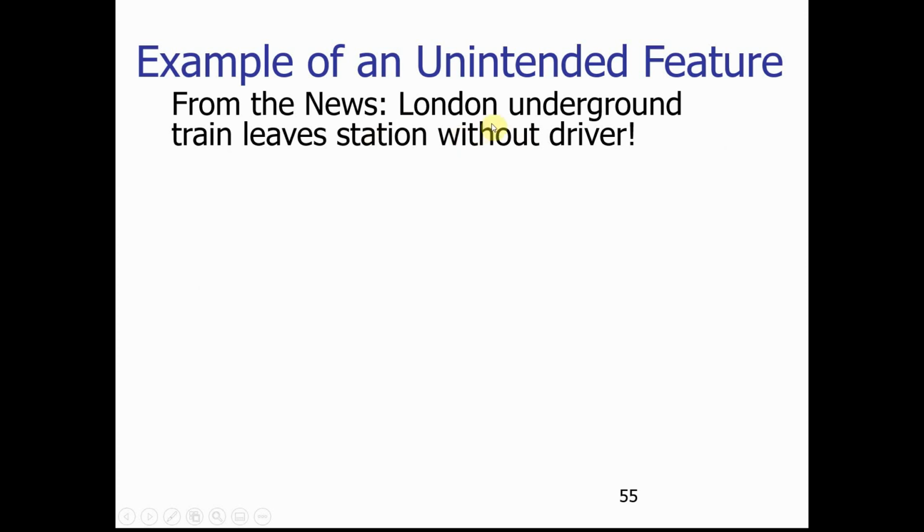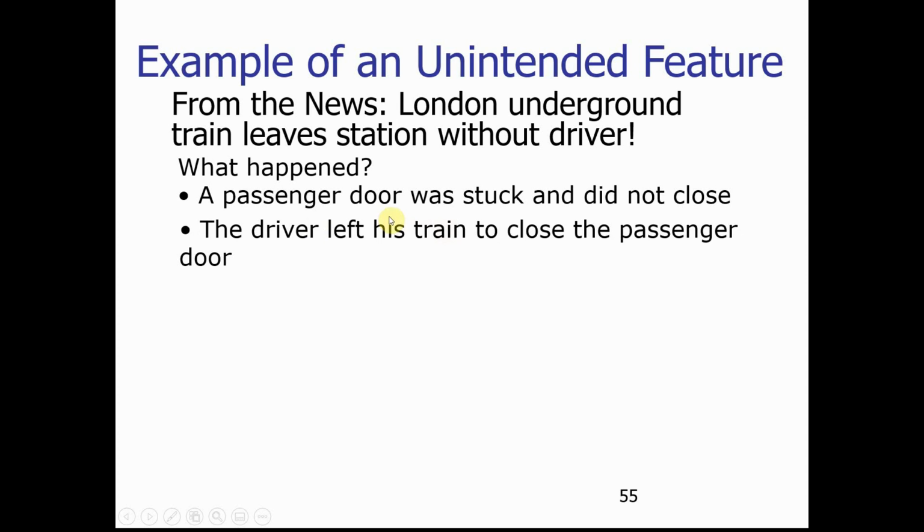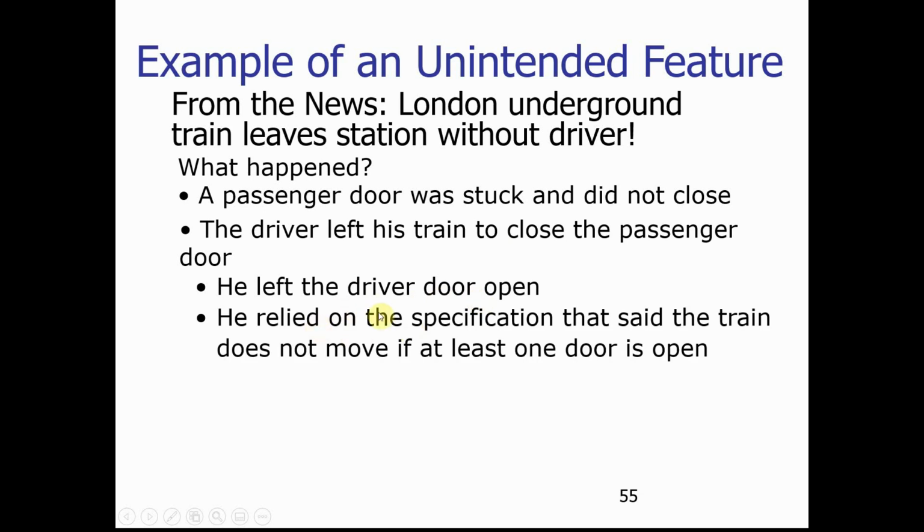So from the news, the London Underground train leaves station without driver, and what happened? Let's see. The passenger door was stuck and did not close. So the driver left his train to close the passenger door, and he left the driver door open, because based on the training and the specification of the software, they rely on the specification that the train does not move if at least one door is open.